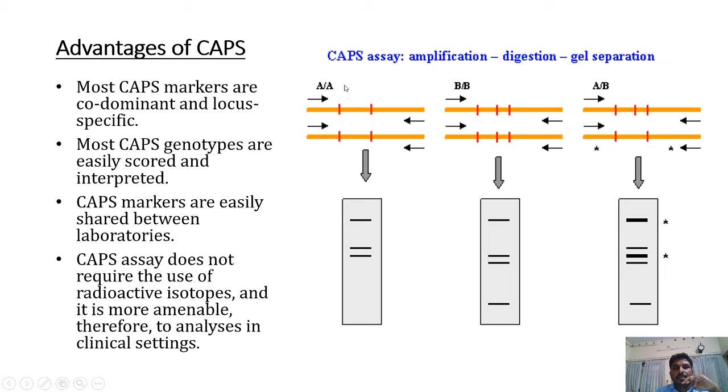We can consider the first case, that is, homozygous A. Here for allele A, there are two restriction sites. This is the amplified product of that particular organism, this is the amplified product of a different one, and this is the amplified product of a heterozygous one.